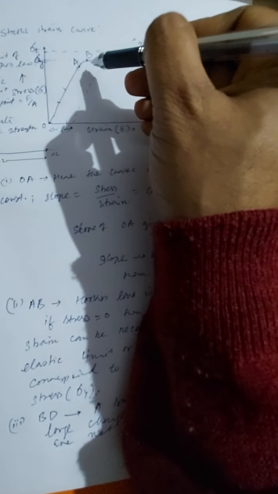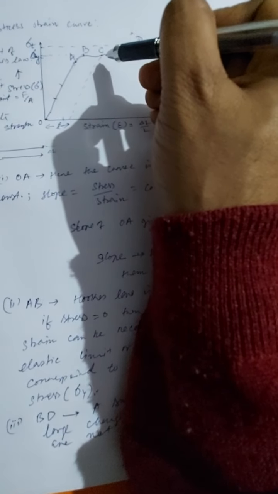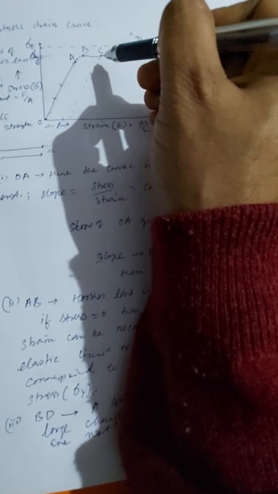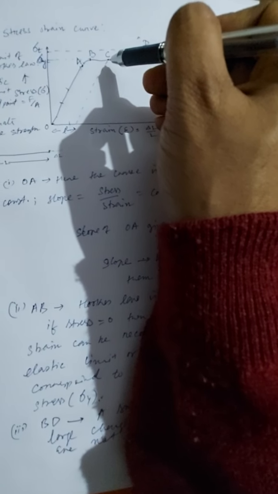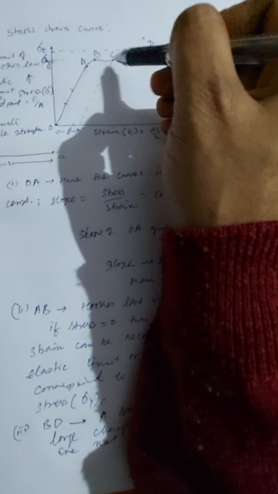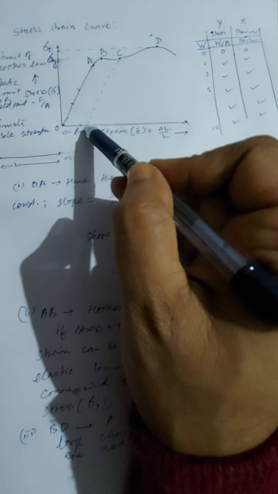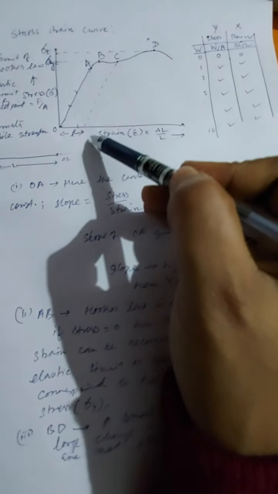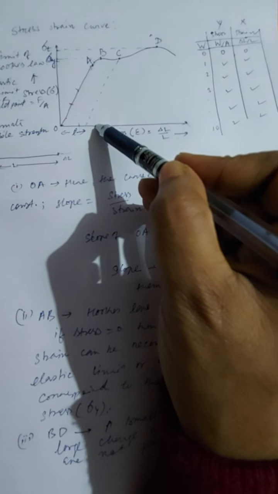But when we cross B till D, what happens? When we remove the weight, when we remove the stress from the wire, the strain doesn't get removed totally. The wire gets a permanent extension, say L. If we have considered this point here, then the permanent strain produced would correspond to this point.